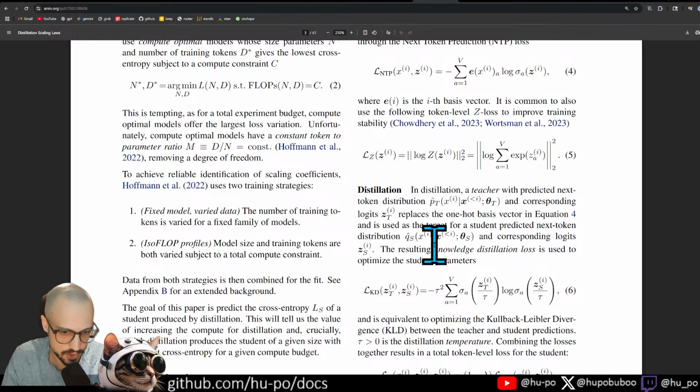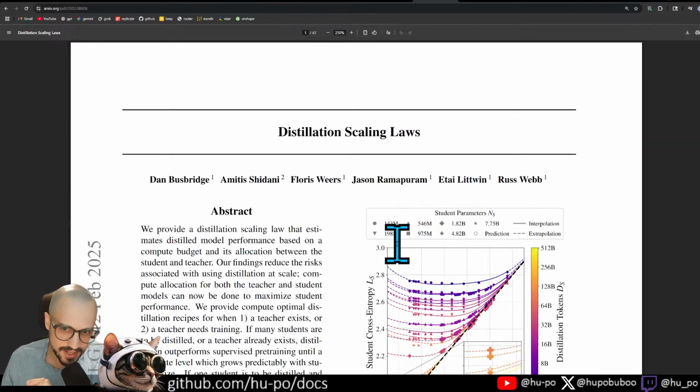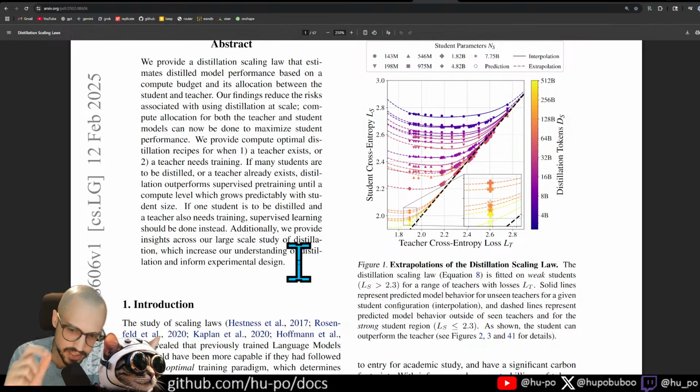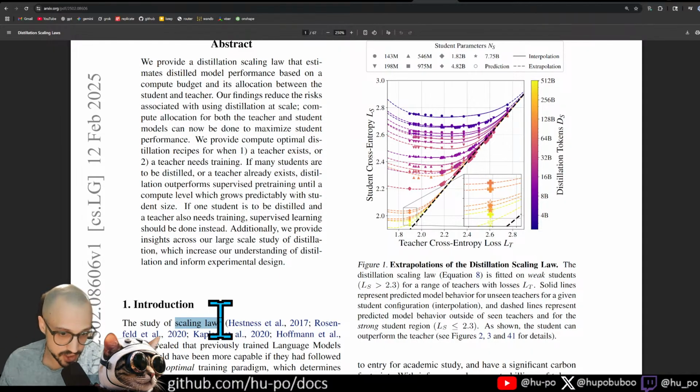The student will be able to get to the point of the teacher in less time, right? So less compute. And I think part of the reason OpenAI got rid of GPT 4.5 is because they paid a huge amount of money for that model. You've got to think about where GPT 4.5 came from. GPT 4.5 was basically an extrapolation of the scaling laws that went from GPT-2 to GPT-3 to GPT-4, right? People were following these scaling laws: if you just keep increasing pre-training on a bigger amount of data, you'll get a smarter model.